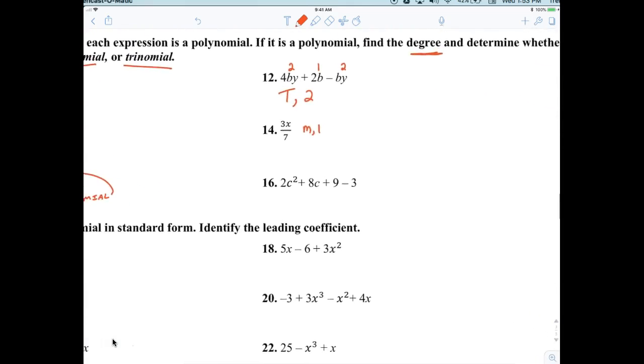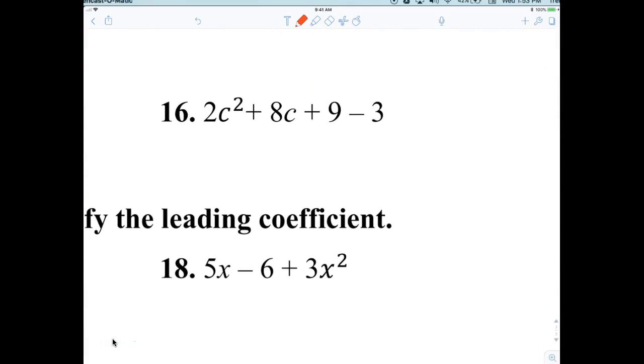Number 16, that is referred to as a trinomial. The reason it's a trinomial is because you can simplify 9 minus 3. The degree would be what? 2. Because this degree up here is 2, this is 1, and this degree is 0. Anybody have any issues yet?